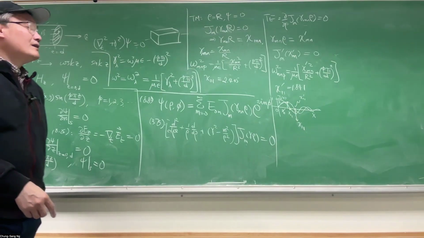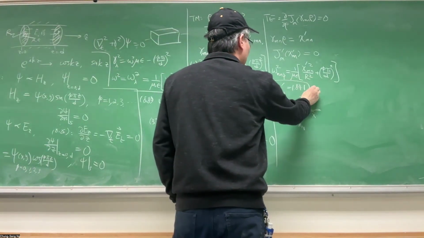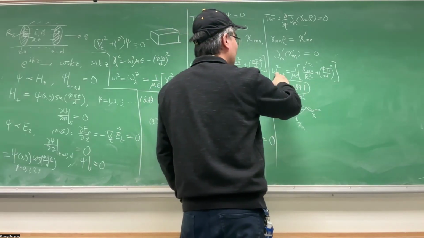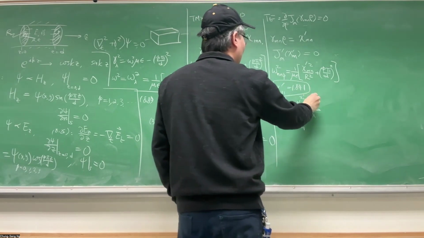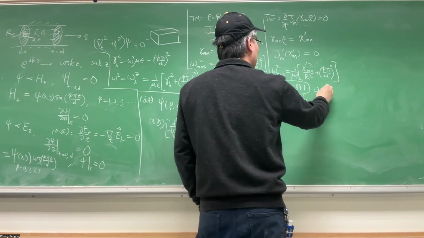Okay, so that's just a property of a Bessel function. So it turns out that this is smallest, and then the smallest frequency would be omega 111.